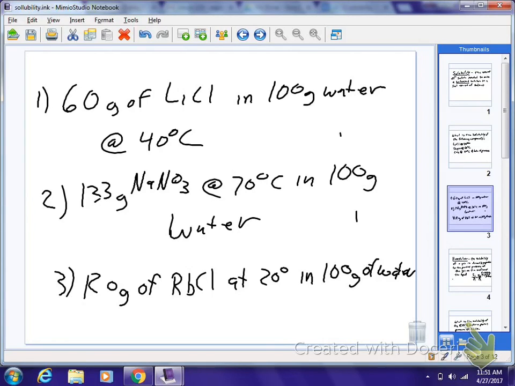And if it's right on the line, then that means that solution is saturated. So I have 3 different levels of saturation here, 1, 2, and 3. What you have to do is tell me 1, 2, and 3 if it's saturated, unsaturated, or supersaturated. Okay? So use that graph to find those values.